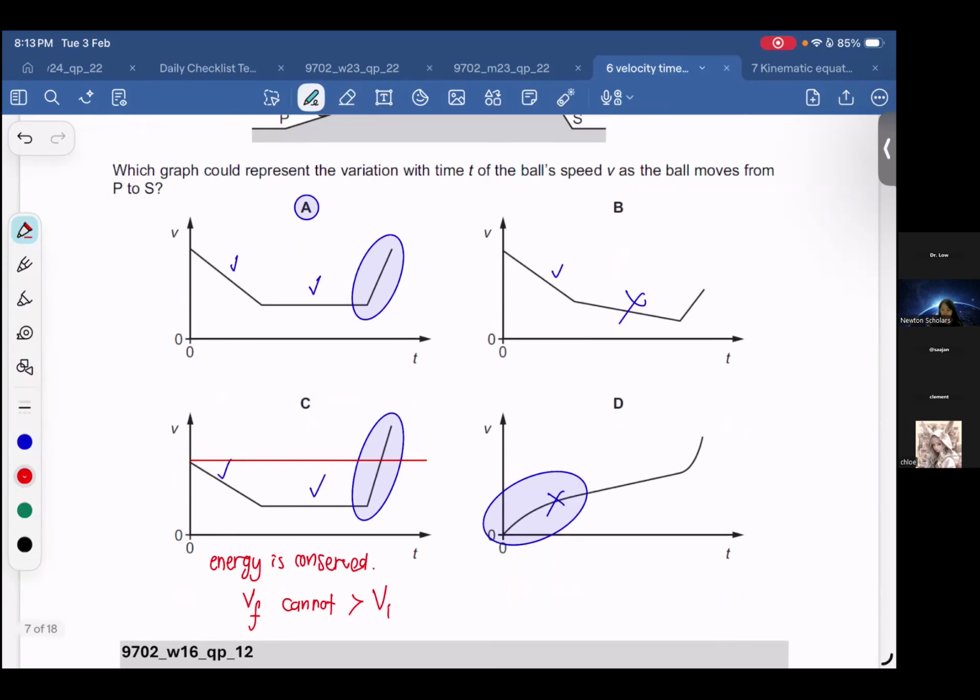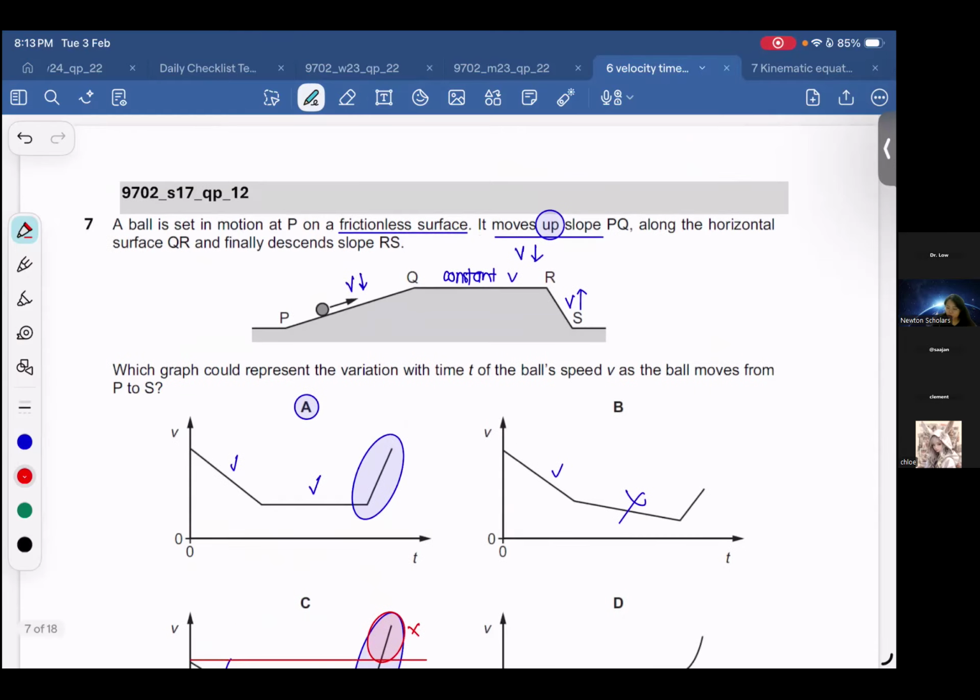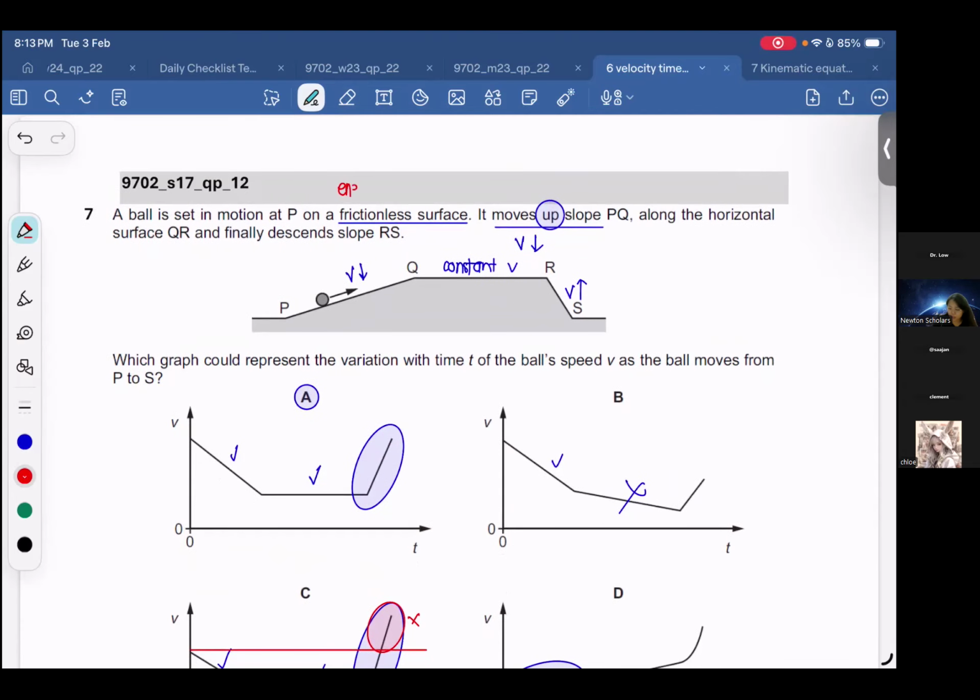That would mean you got extra energy to provide a higher velocity. So this part is wrong. Answer A is correct. Is that clear? Frictionless means no energy loss, energy is conserved.